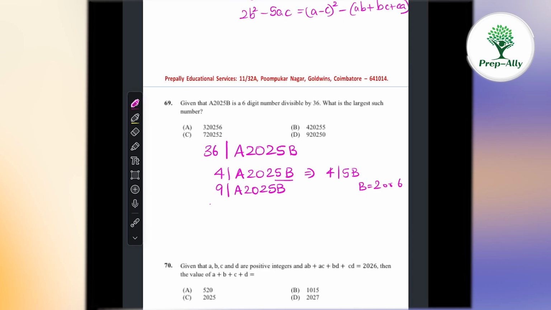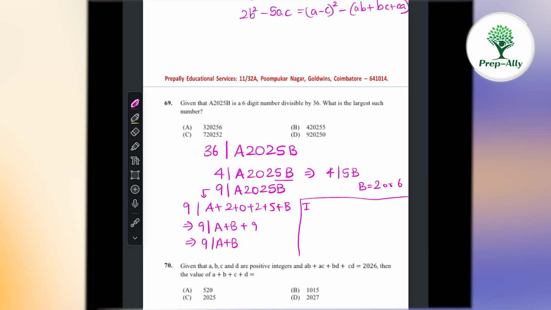And also, from this condition we have a plus 2 plus 0 plus 2 plus 5 plus b. So 9 divides this, which means 9 divides a plus b plus 9, which means 9 divides a plus b. So if b equals 2, then a equals 7.